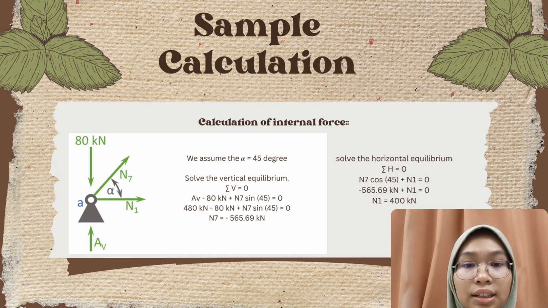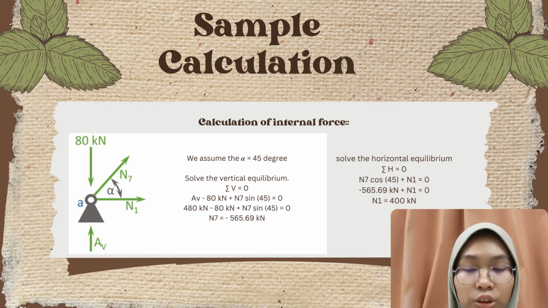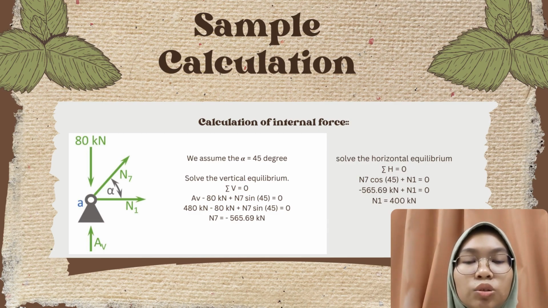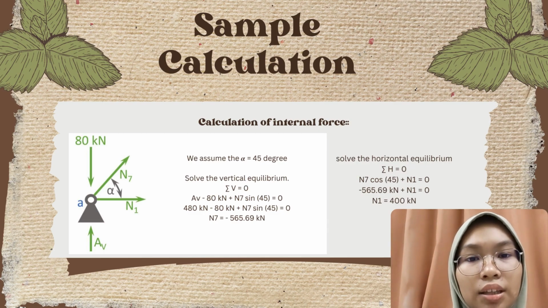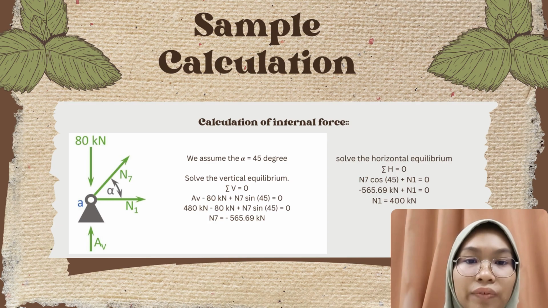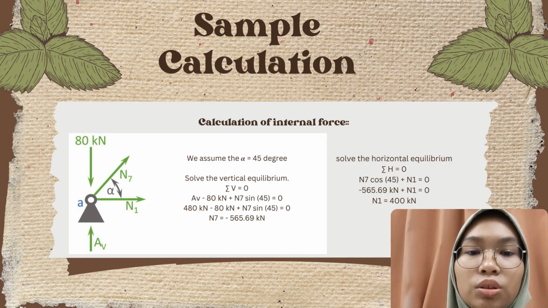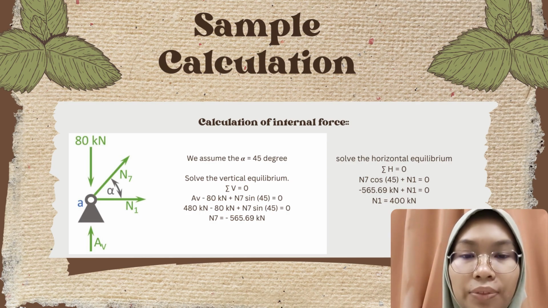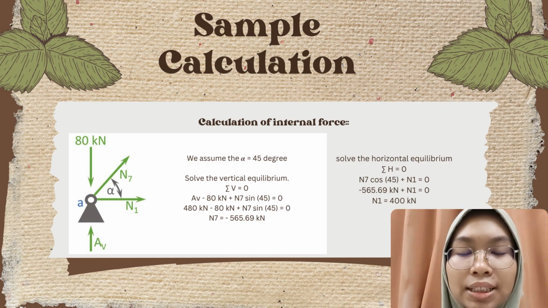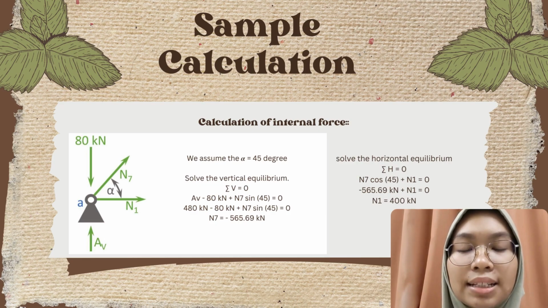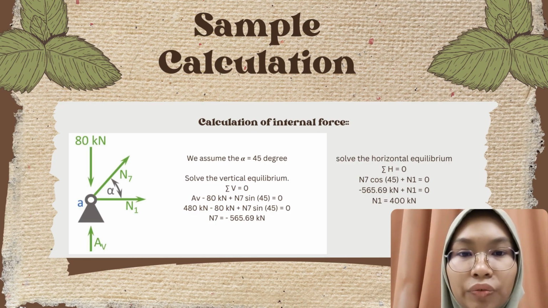To calculate the internal force of this truss, we will start with calculating the internal force of joint A first. We will assume the angle equal to 45 degrees. Then we need to solve the vertical equilibrium using sum of V equal to 0. Then we will equate AV minus 80 kilonewton plus N7 sine 45 equals 0.